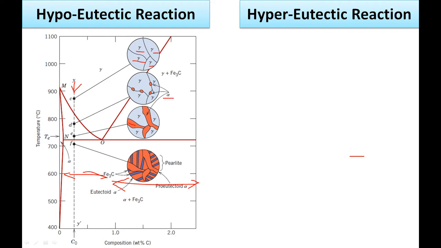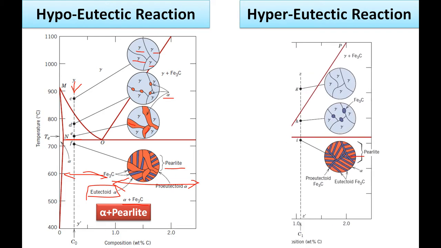These are the alpha patches. But after a certain temperature the rest converts to alpha plus Fe3C. That means we form pearlite. We never find alpha and Fe3C separately. They are in the form of patches. That's why we get pearlite. We get pearlite and we get alpha. This alpha is known as pro-eutectoid alpha. Okay, so we get alpha plus pearlite.